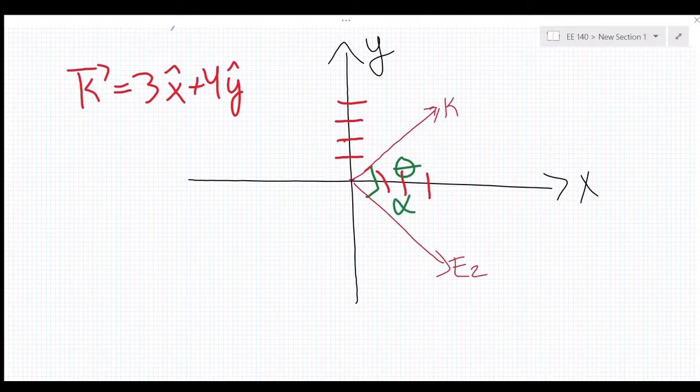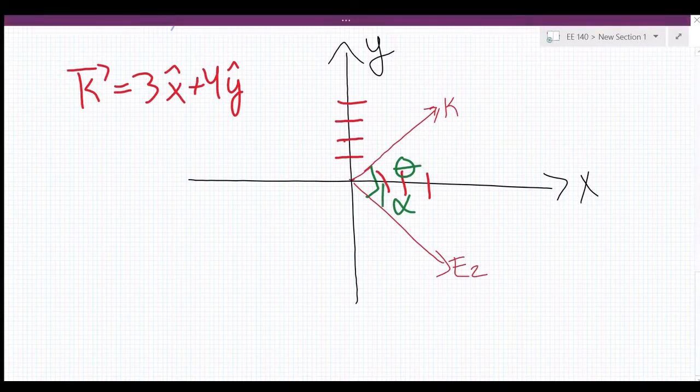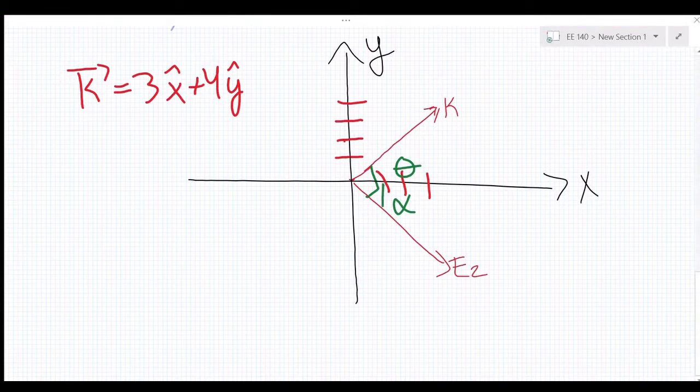Both of these angles add to make 90 degrees. The positive x-axis also makes a 90-degree angle with the negative y-axis, so if this is alpha, then this would be theta to make 90 degrees. The same could be said about the other side.